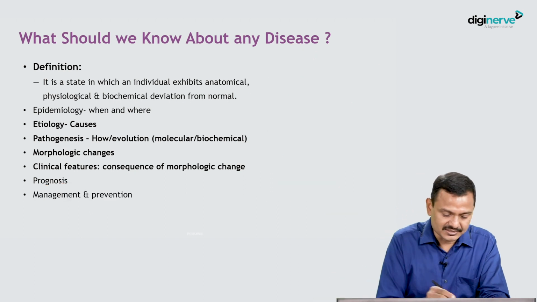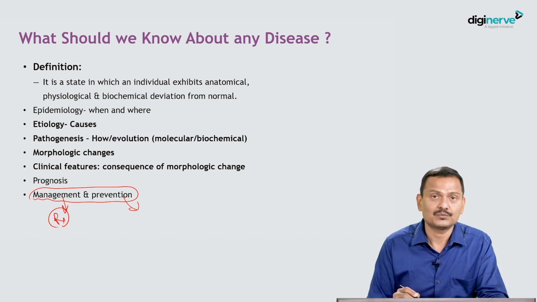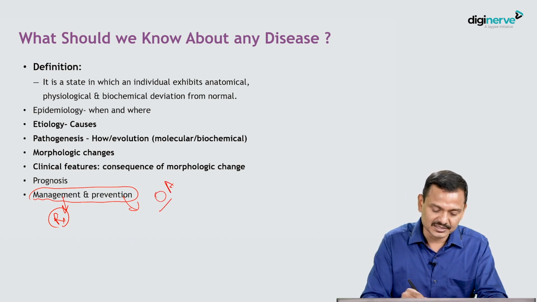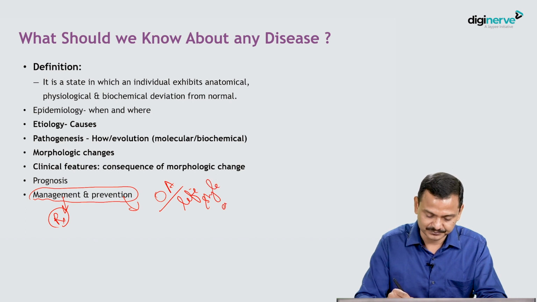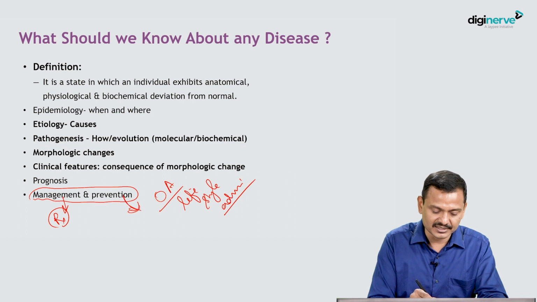The last is management and prevention. The management means treatment, and at certain times, suppose there is a problem like osteoarthritis, some lifestyle modification can be advised. Some modifications have to be done, and that is called prevention.